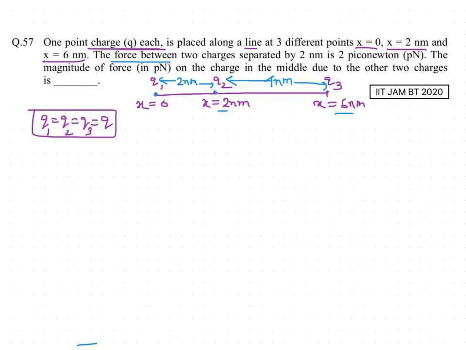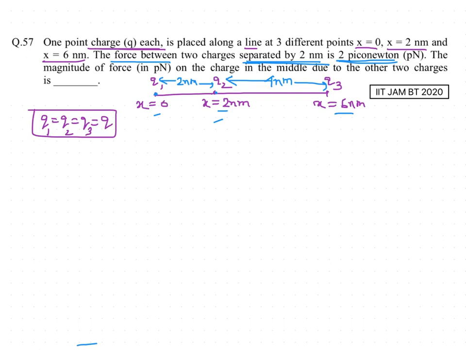Now we need to calculate the force between two charges separated by 2 nanometer, that means these two charges, Q1 and Q2. In the case of Q1 and Q2, the separation between them is 2 nanometers, so the force between Q1 and Q2 is 2 piconewton.